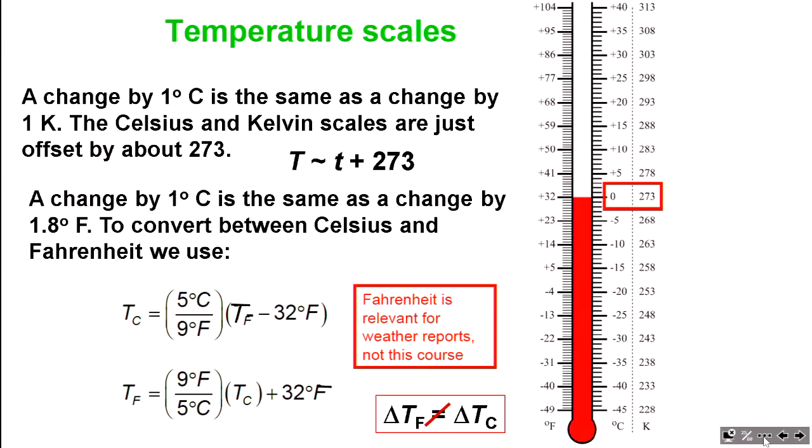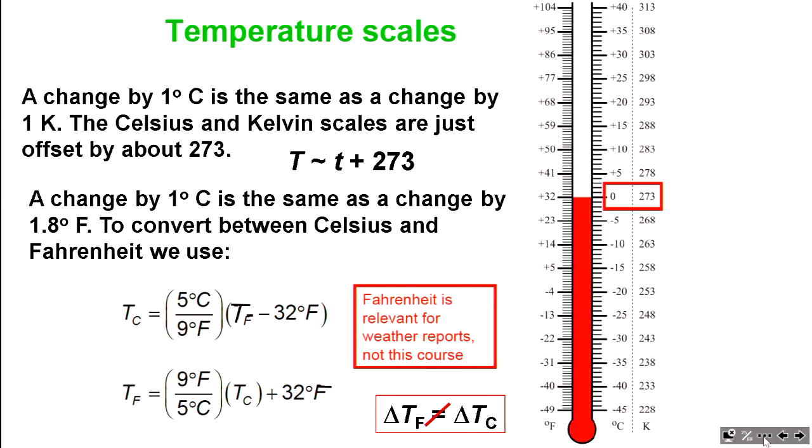How do we set a temperature scale? Well, Celsius used two buckets, one with iced water, second with boiled water. He placed his thermometer into iced water, drew a line and said 0.